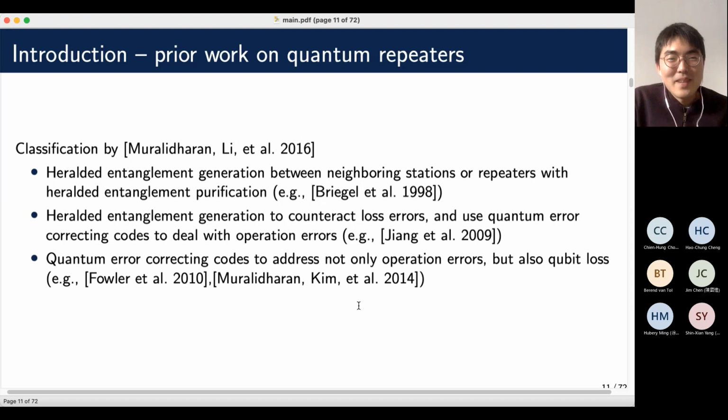And at every step they perform error correcting. But in our case, we don't really have any intermediate error correcting steps, so it's a little bit different.